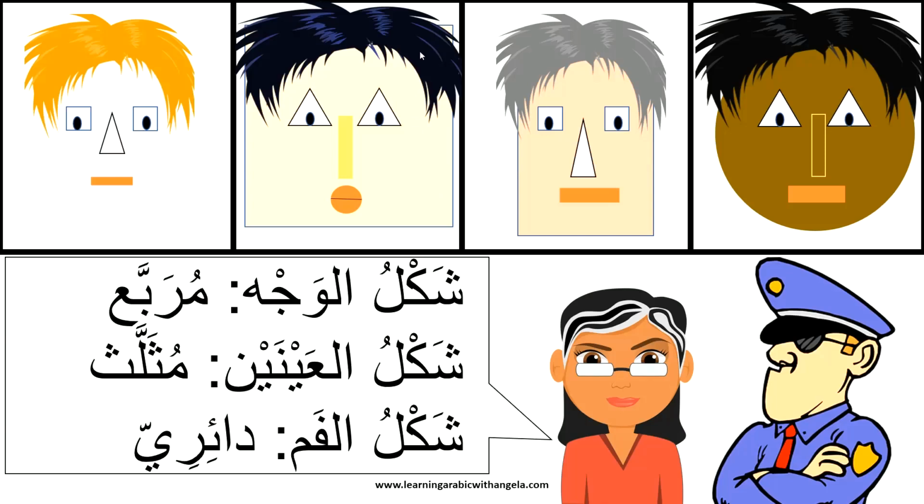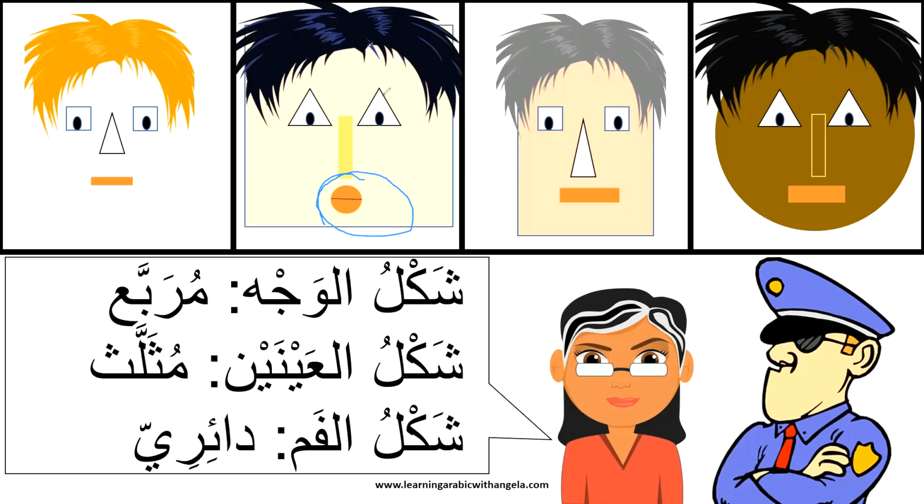So دائرة, a circle, you're adding the ya at the end, the ya of attribution. So it's kind of like saying circle, circular. So you're adding the AR in English at the end. So شكل الفم دائري. So we're looking at a mouth with a round shape or a circle shape.